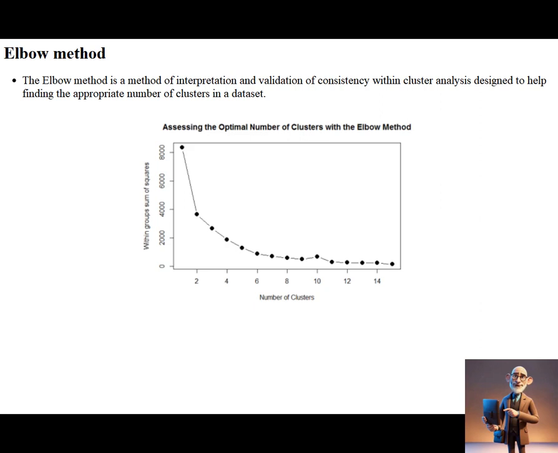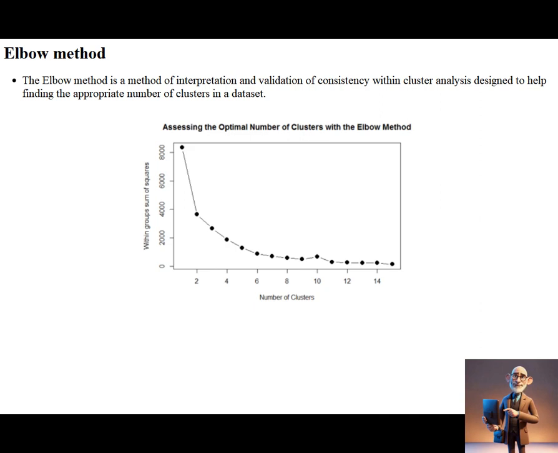How does it work? The elbow method involves plotting the sum of within-cluster variance against the number of clusters. Within-cluster variance, also known as inertia, represents how spread out the data points within a cluster are. As you increase the number of clusters, the within-cluster variance typically decreases.